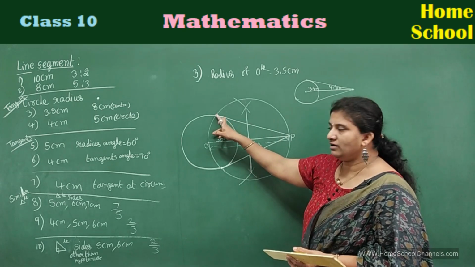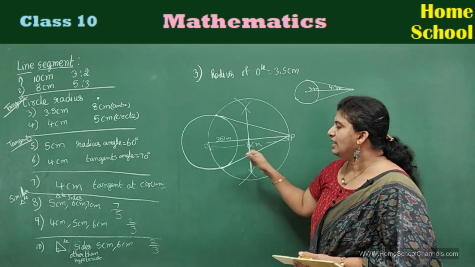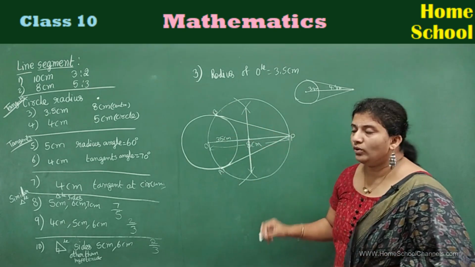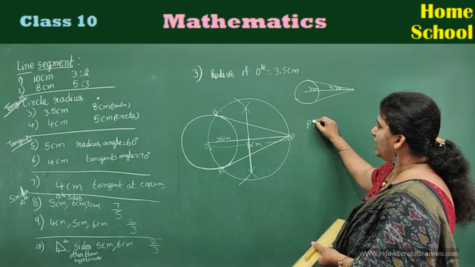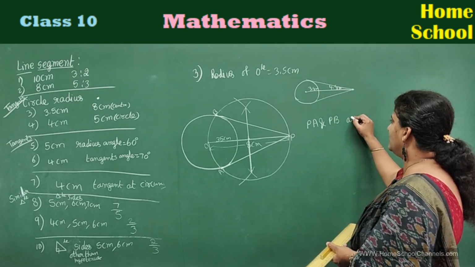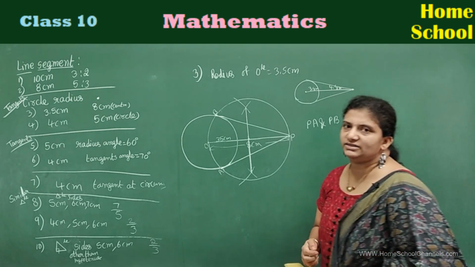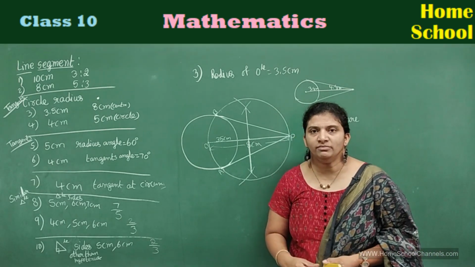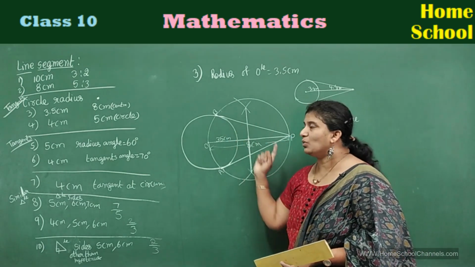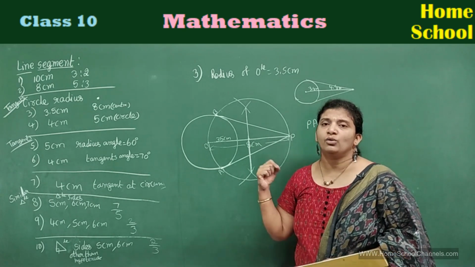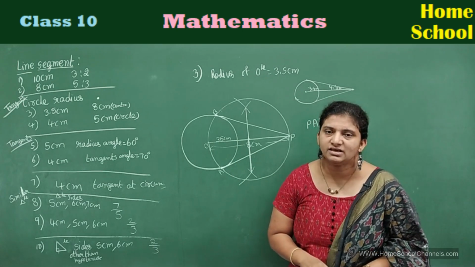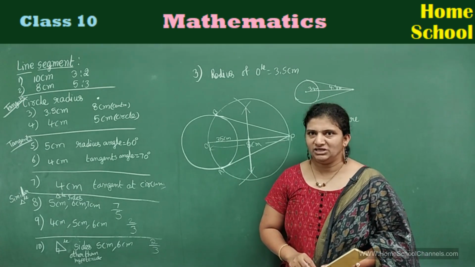Here also in the same manner, from here to here join and mark this as A, B. Therefore, PA and PB are the required tangents. You need to end your problem by saying PA and PB are the required pair of tangents from an external point to a circle having radius 3.5 centimeters.